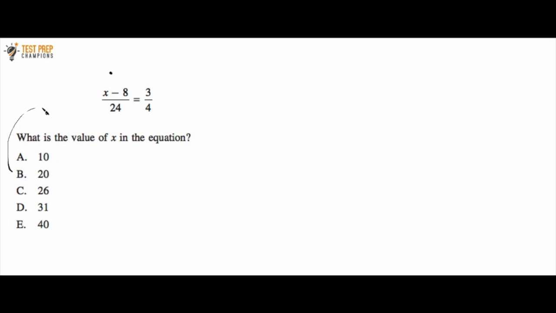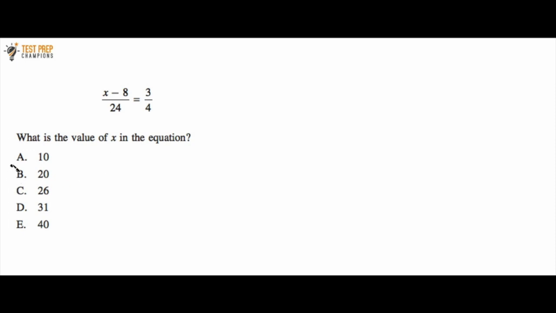So if I plug 20 in here for x and I plug into my calculator, 20 minus 8 divided by 24, I get 0.5. Now, is 0.5 equal to 0.75? No, it's not. So this is also not the answer choice. And keep in mind, you might be wondering, why is it 0.75? It's because 3 over 4 is equal to 0.75.